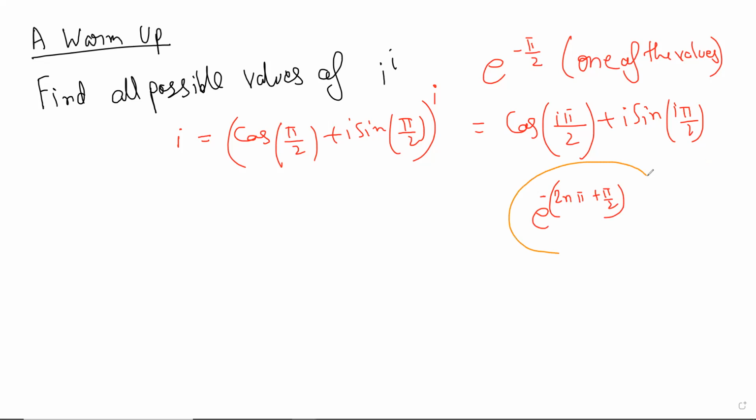These are all the values. Plus 2n pi. Yes, that's right. So you have to also put the 2n pi, and then you put the i, and then you get it.